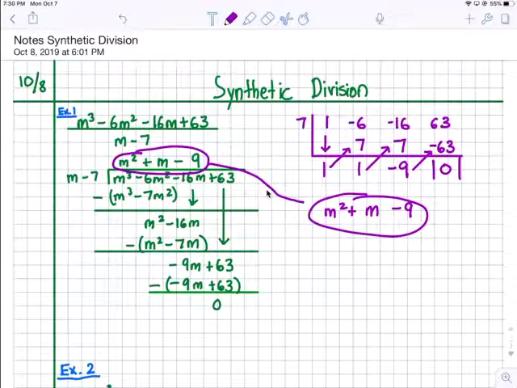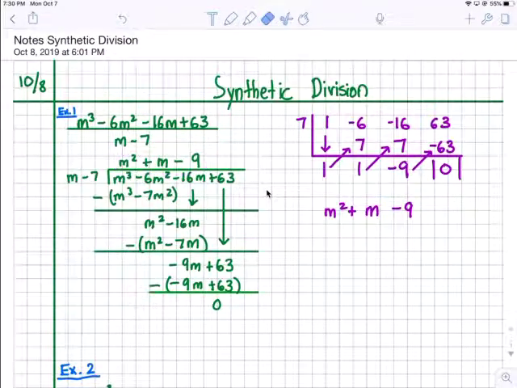Now, you remember over here that we kept multiplying this to this, then we add, and then multiply, add, and multiply, add. Well, I know an acronym you can remember it by, and it's called MAMA.